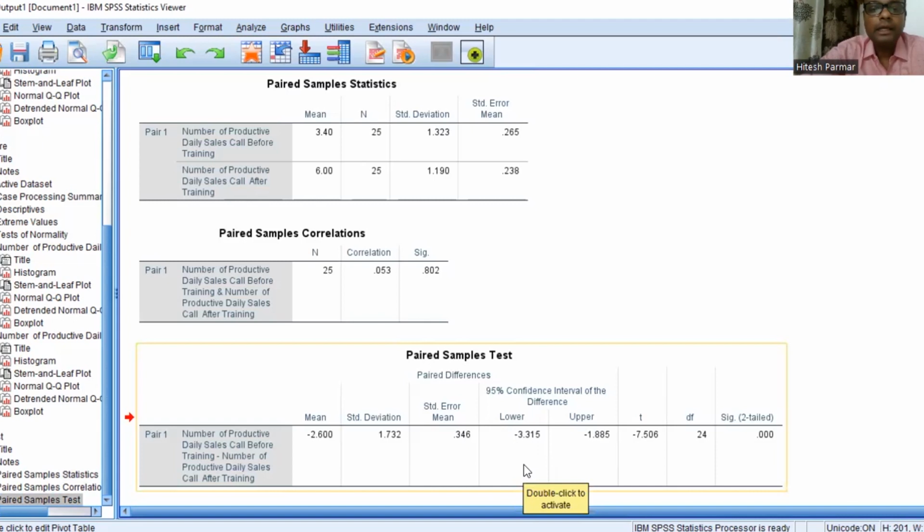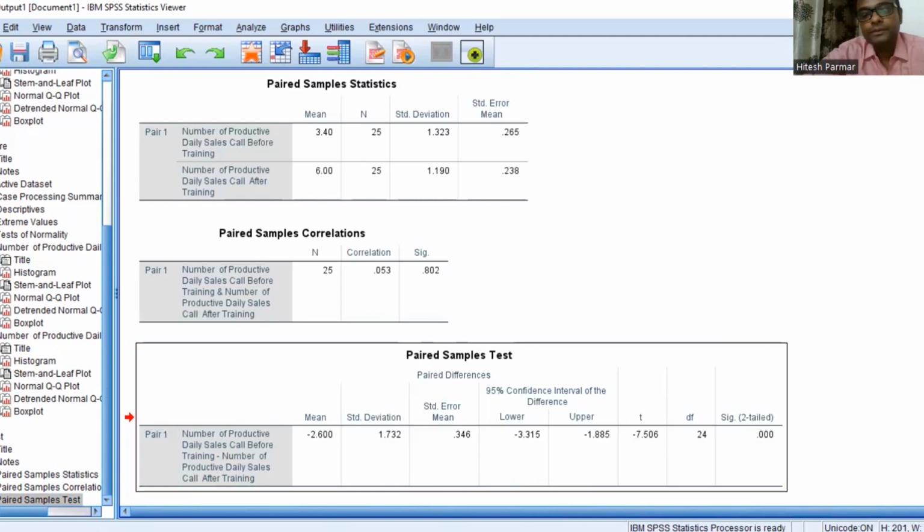So we are confirming that there is a 95% probability that the training will be effective, because both the lower and upper values are negative.